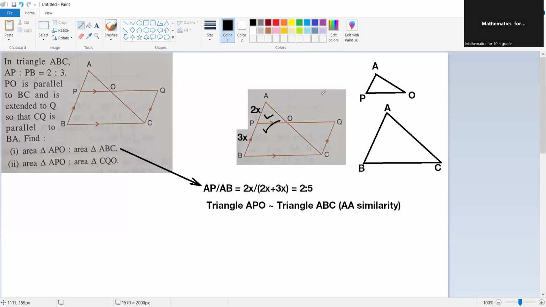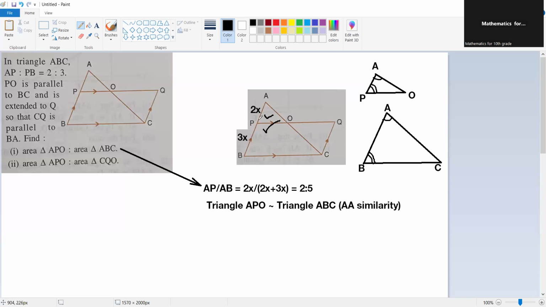So if you notice in these two triangles, angle A is the common angle and angle P, which is angle APO, will be equal to angle ABC. Why is that? Because PO is parallel to BC.